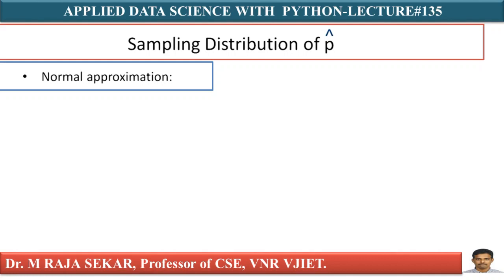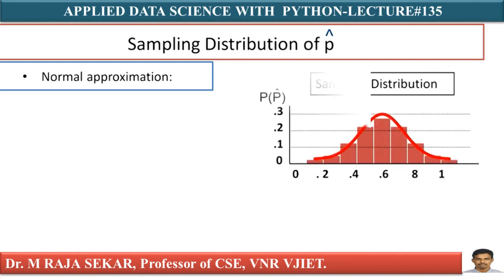Just see this picture. This is the sampling distribution of proportions. If you speak strictly, on the x-axis I am constructing a frequency distribution. This is small p cap, not capital P cap.